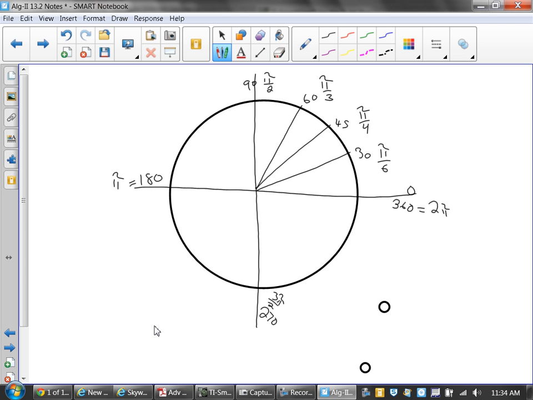Going from 0 to 30 is how much? I'm talking just degrees right now. 30 degrees, 30 to 60, 60 to 90. What would be the next one? 180. Then what? 240, 270, 360.